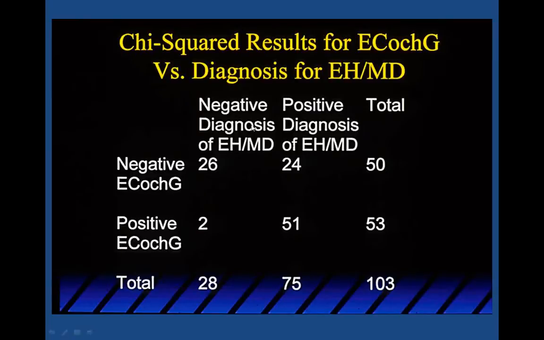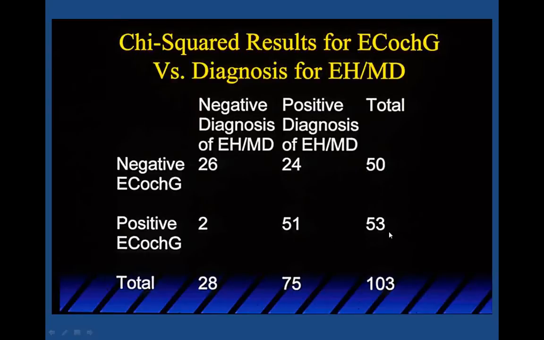What we found, as this slide shows, is that we had 50 patients who had negative electrocochleograms, all suspected of having Meniere's disease, hydrops, etc. 26, almost half of them, did not receive a diagnosis of Meniere's disease, but almost half of them did get the diagnosis despite the fact that the electrocochleogram was negative.